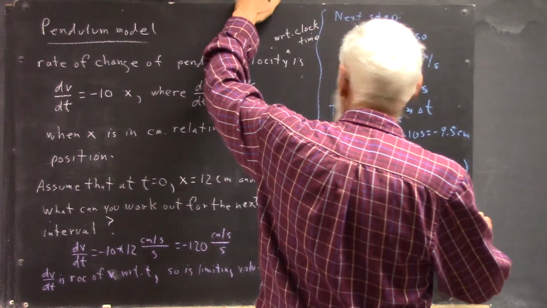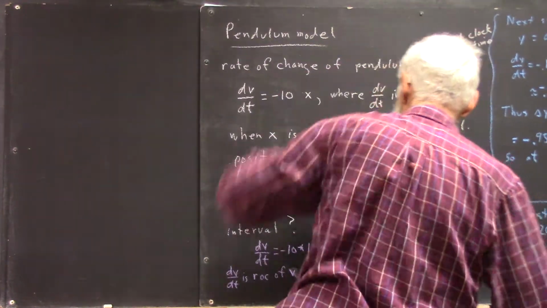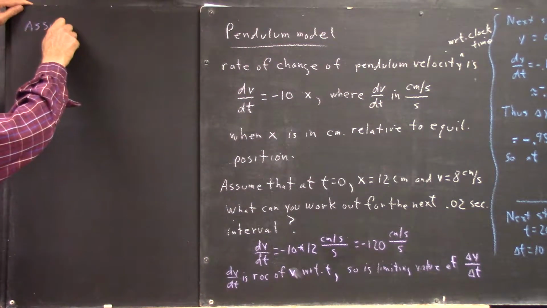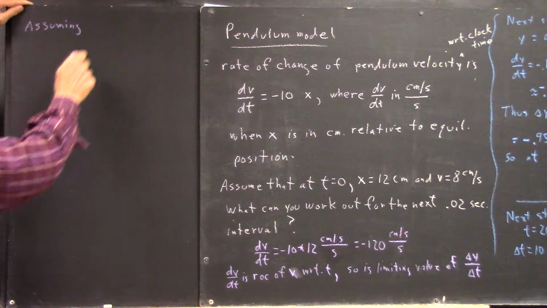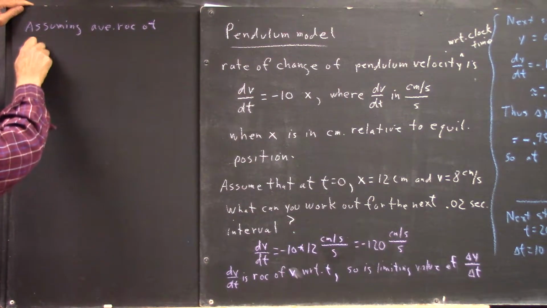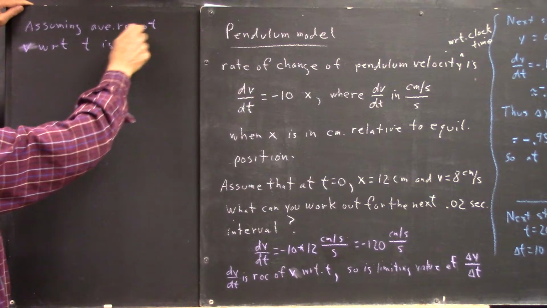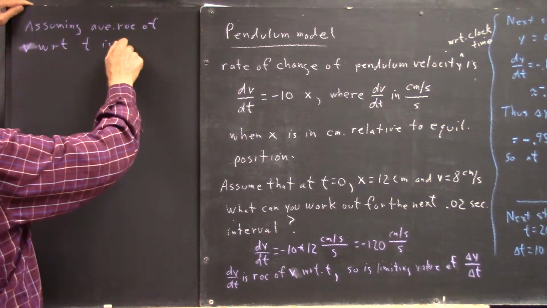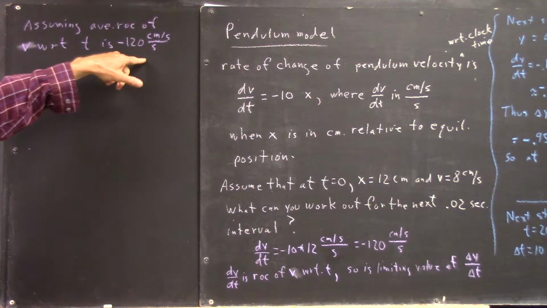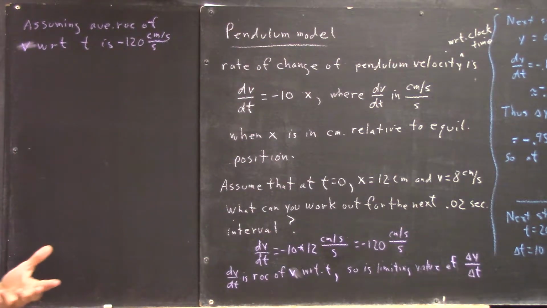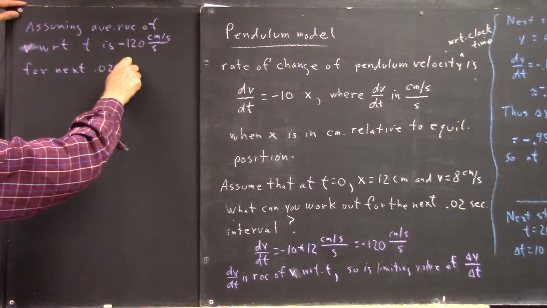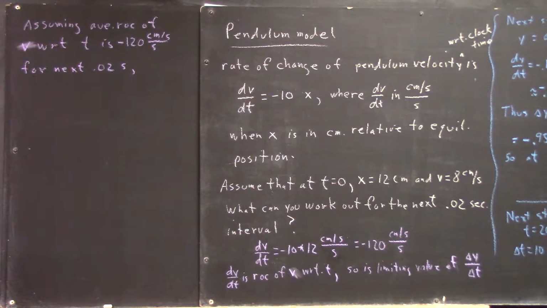So now, assuming the average rate stays at negative 120 centimeters per second per second for the next 0.02 seconds, okay, what do we conclude?